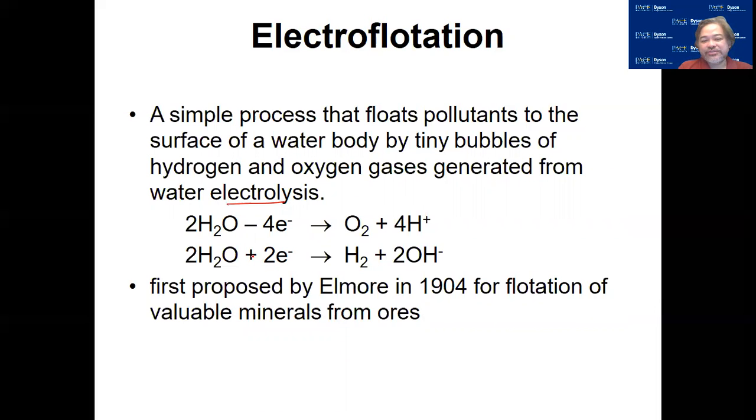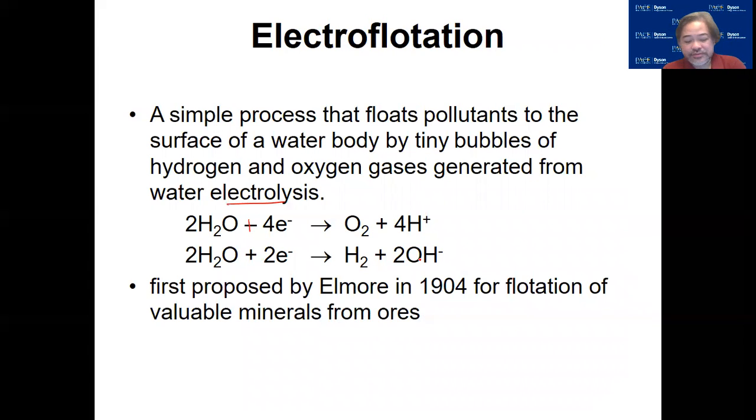If you look at the electrolysis, there's water, there's an electron, you produce oxygen and hydrogen ion. And then there's water with two electrons, you produce hydrogen and hydroxide ion. This was first proposed by Elmore in 1904 for the flotation of valuable minerals from ores.